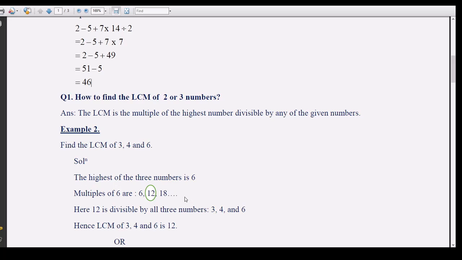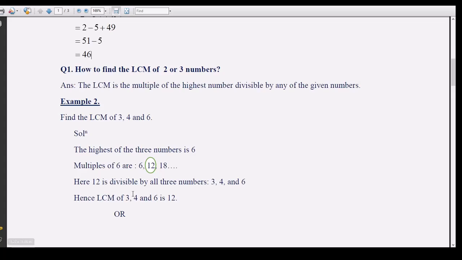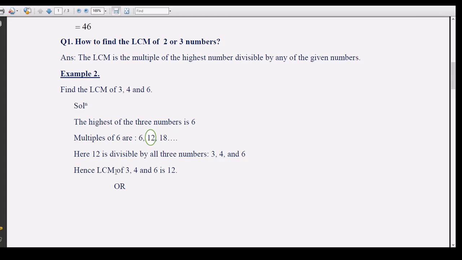But we need the least common multiple. The common multiple we can take is 24 also, but we need the least common, that is we will take 12 as the LCM. Clear?